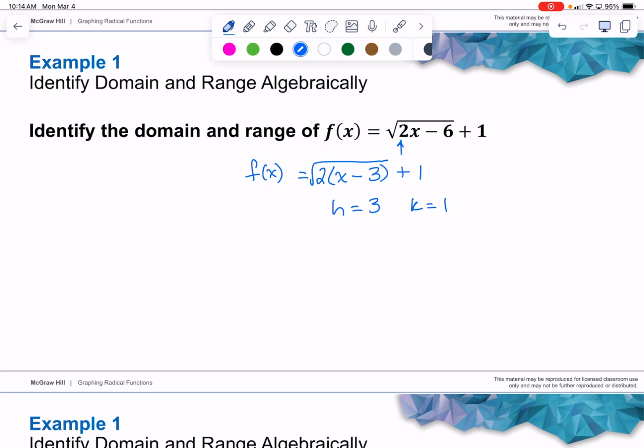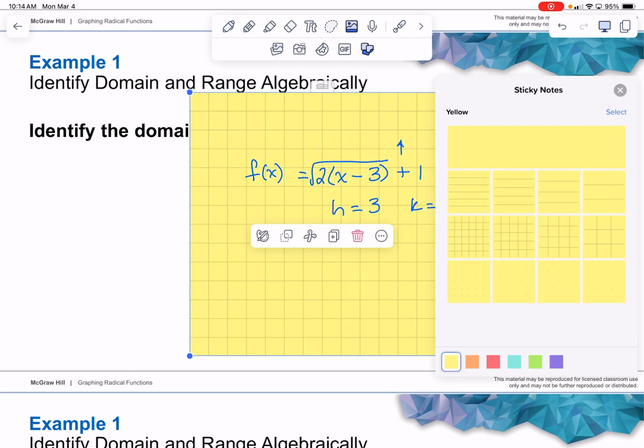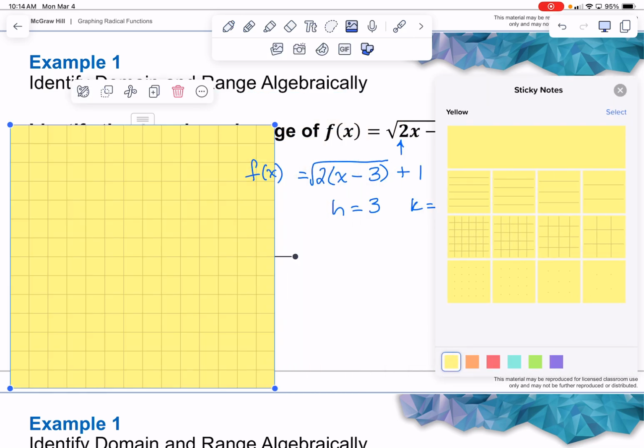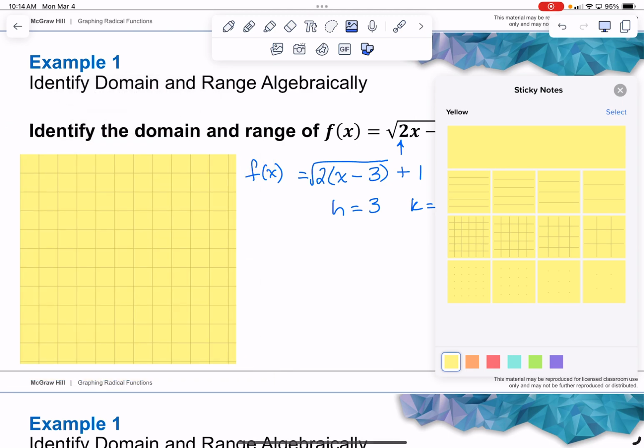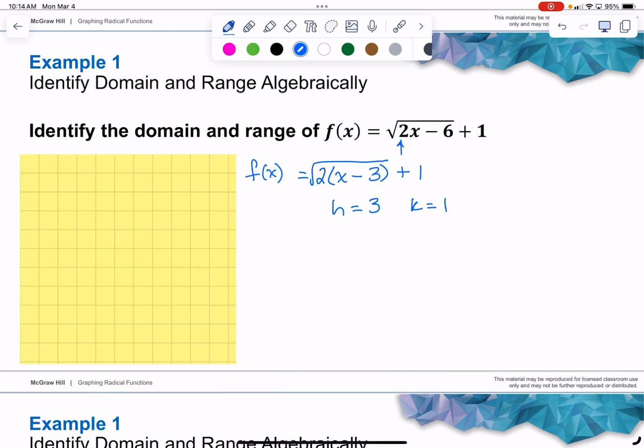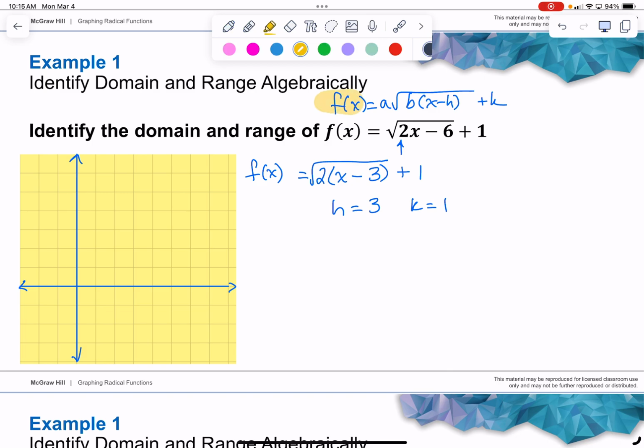So when I'm going to graph this function, I know where to start. Remember this is the format we're looking at.